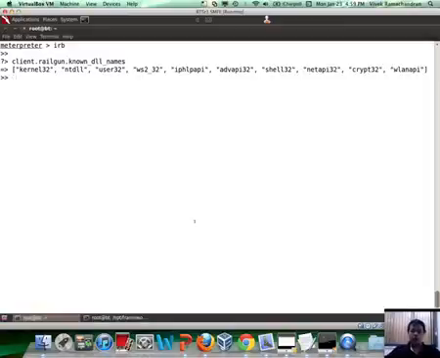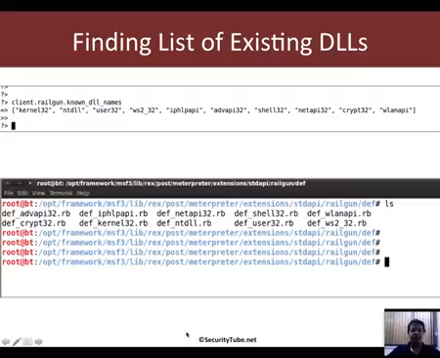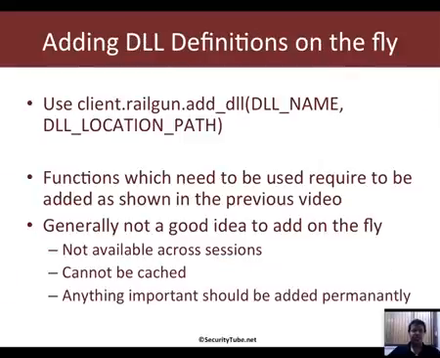Now, let's take up the next task, which is we know that we have a list of existing DLLs, and now we probably want to add a new DLL definition either on the fly or add it permanently to the framework by defining a definition file.